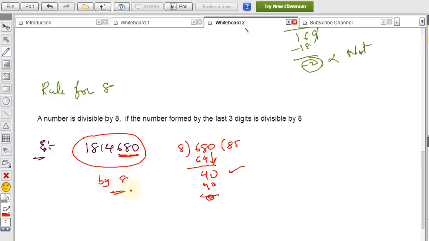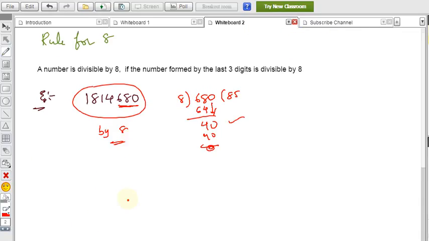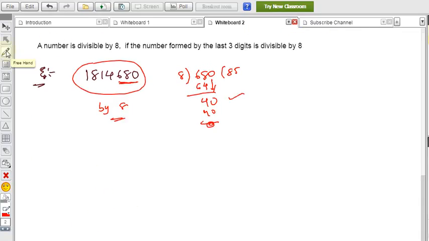Okay, now the rule for 9. The rules for 3 and 9 are a little similar because we need to add the sum of the digits. Rule for 9: a number is divisible by 9 if the sum of the digits is divisible by 9.